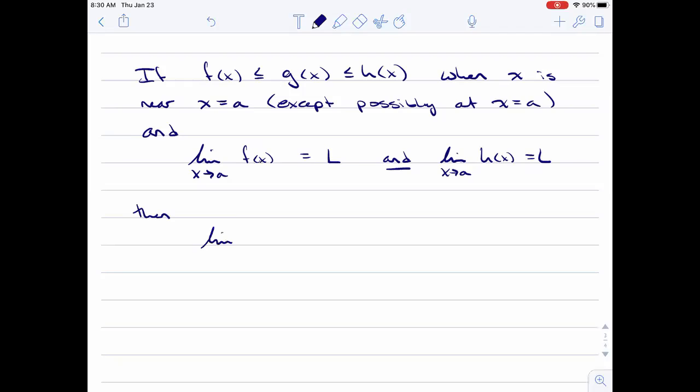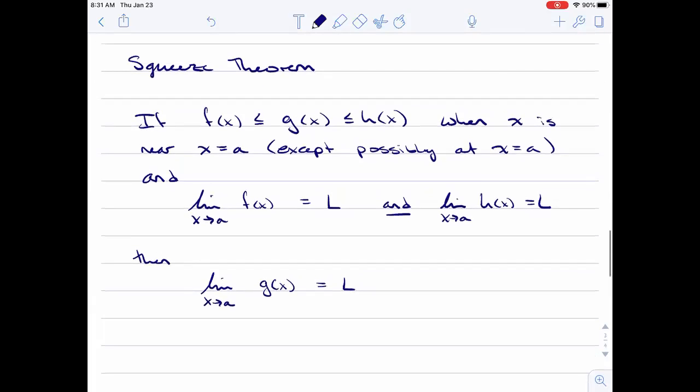Then the limit as x approaches a of g of x must be L. This is the squeeze theorem.